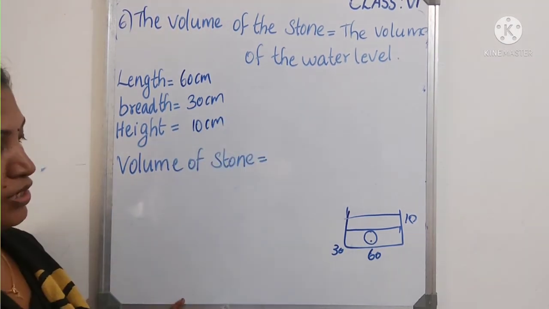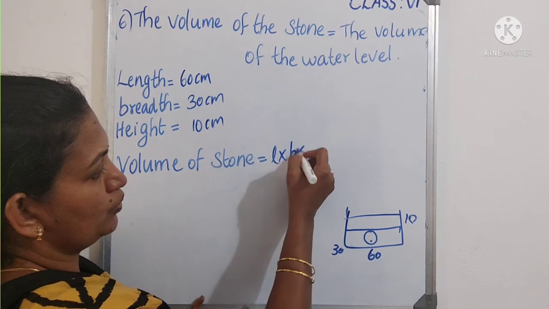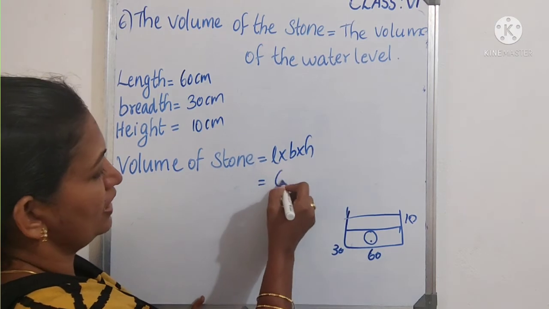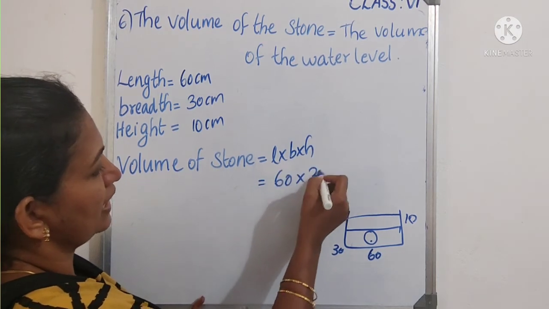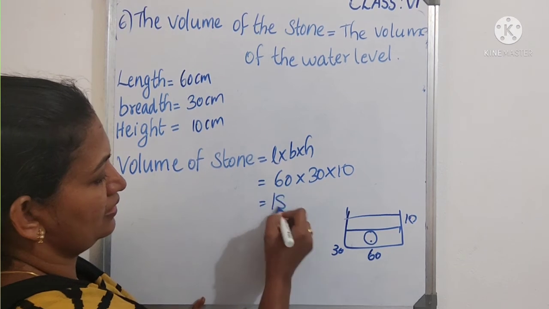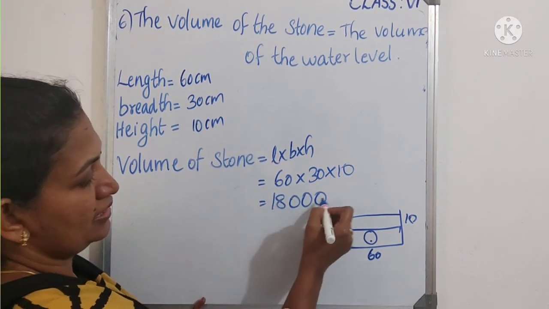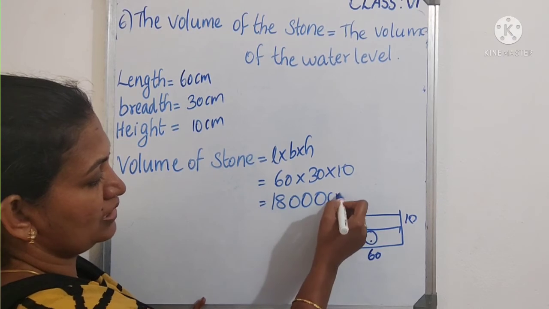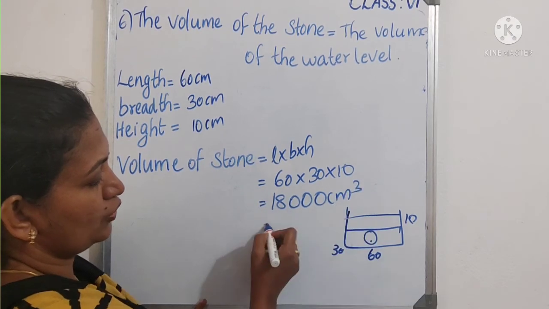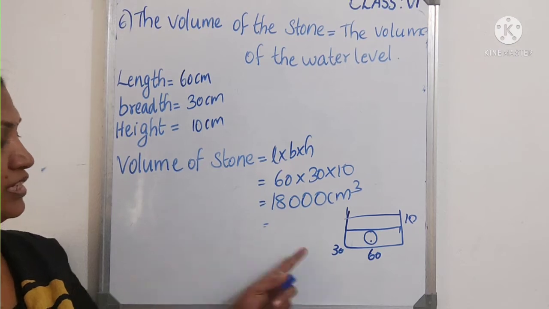Then the volume of the stone, using the formula L into B into H, is 60 into 30 into 10. 6 3s are 18, so we get 18,000 centimeter cube. So this is the volume of the stone.